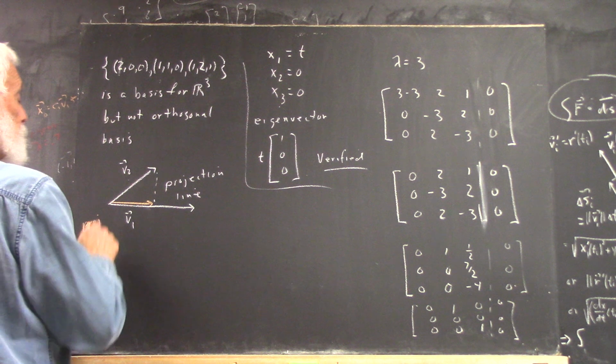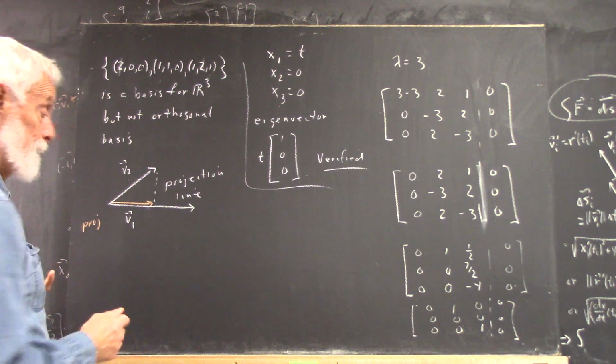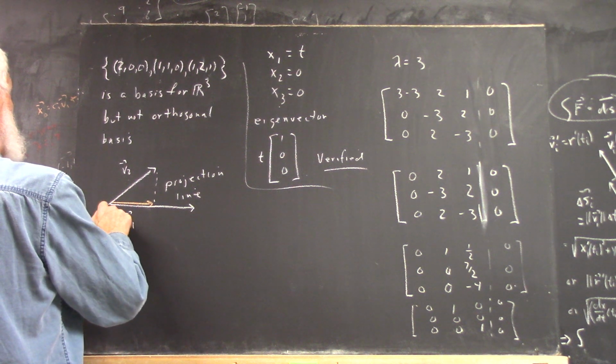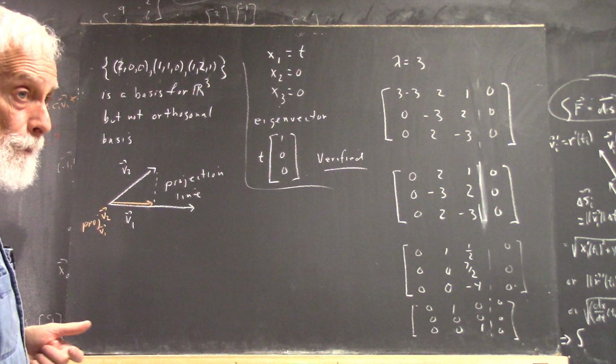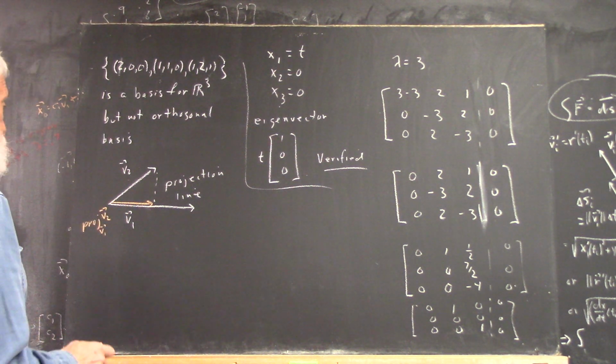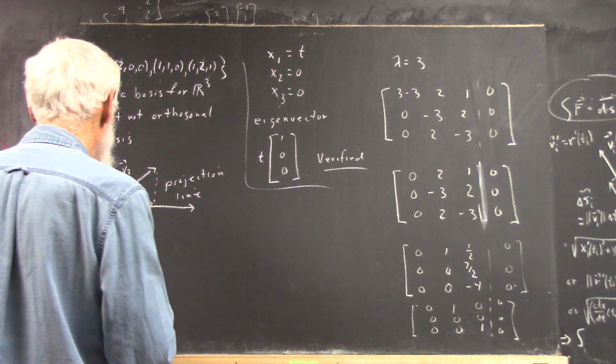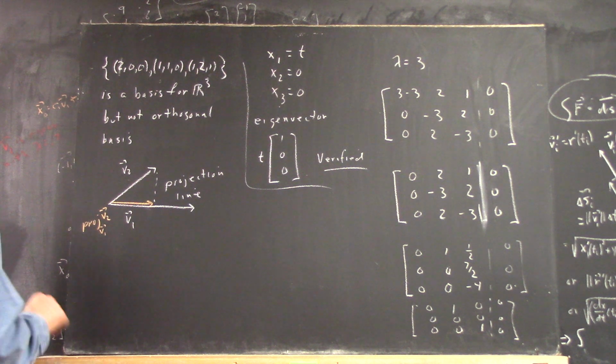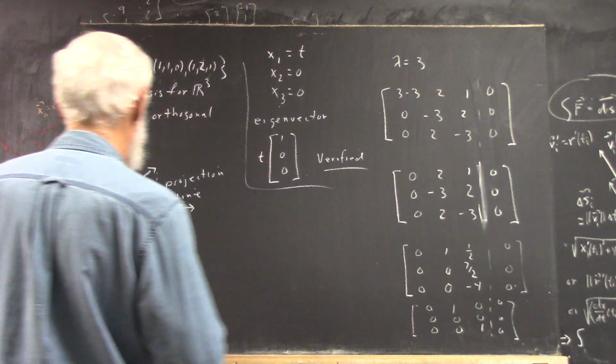Now we did projections early. Remember doing them. It's the projection onto V1 of V2. So if we do V2, well, here's the vector we want.